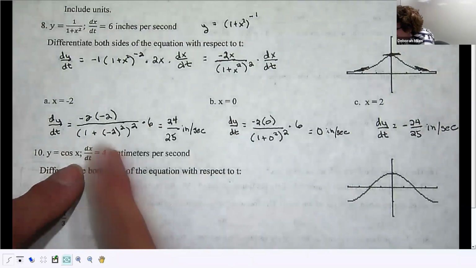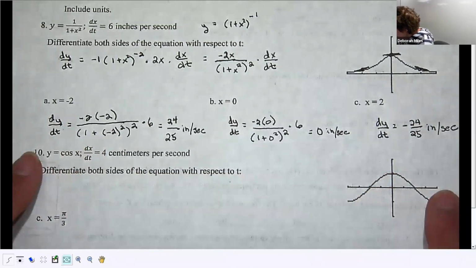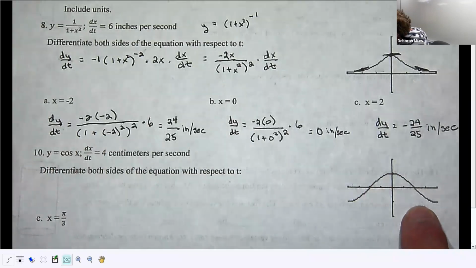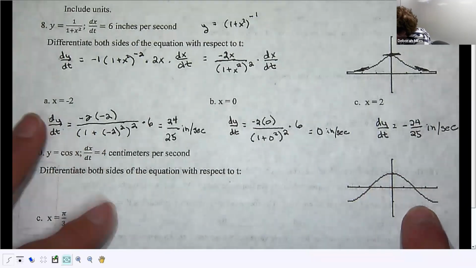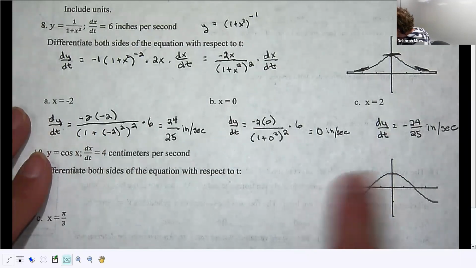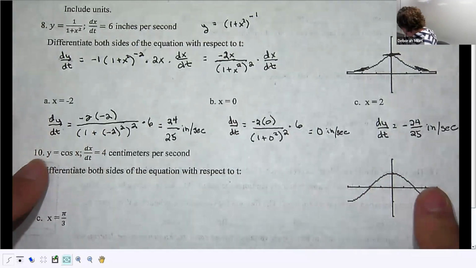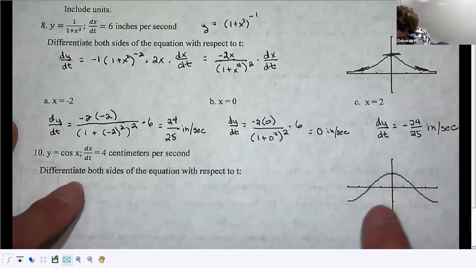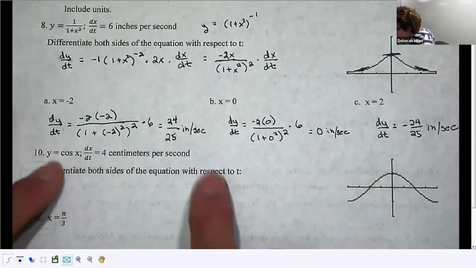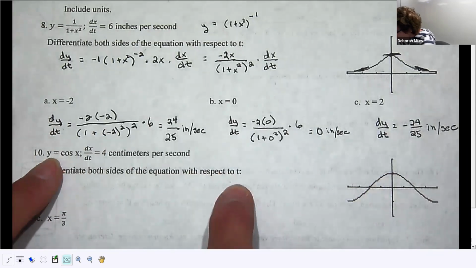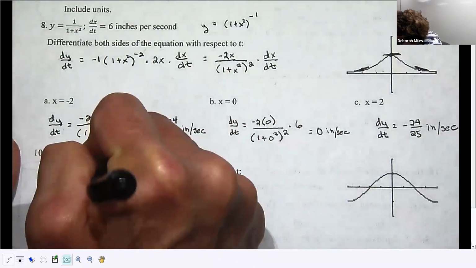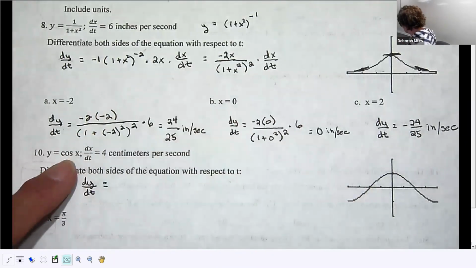This is the graph of y equals cosine x. It's probably from -pi to +pi. We don't have to figure that out, but it was bugging me, so I did. Differentiate both sides with respect to t, and we would have dy over dt equals what?